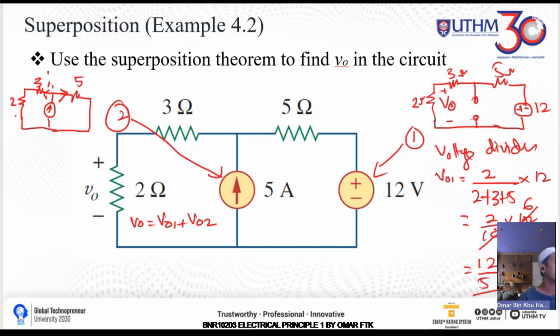Once you get the current here, then you can get the voltage here. The voltage VO2 is equal to the resistor here multiplied by I1. So the current source is 5 amp, so we can use a current divider.